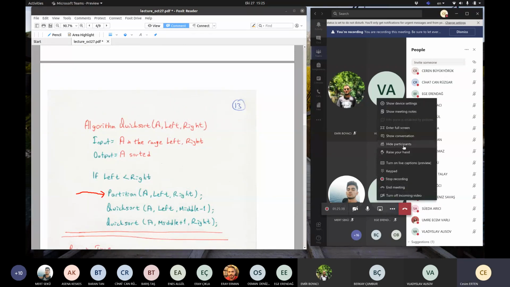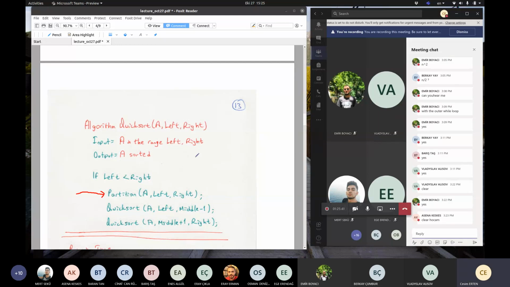Now we know that the partition requires theta n running time. What can we say about the running time of the quicksort algorithm then? Any ideas?